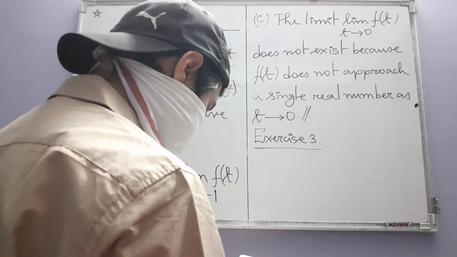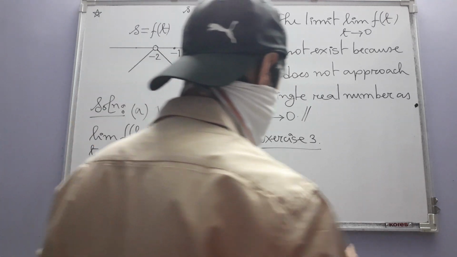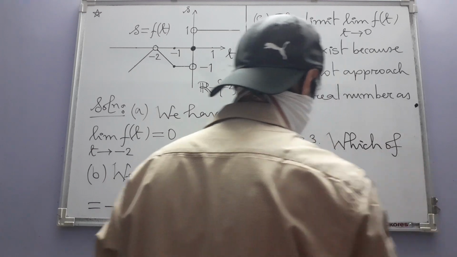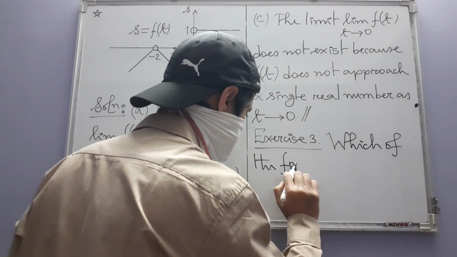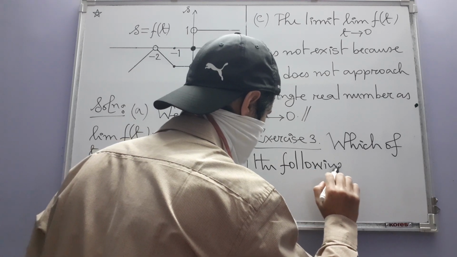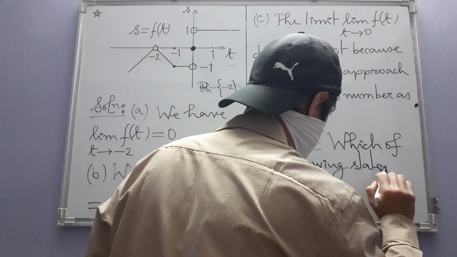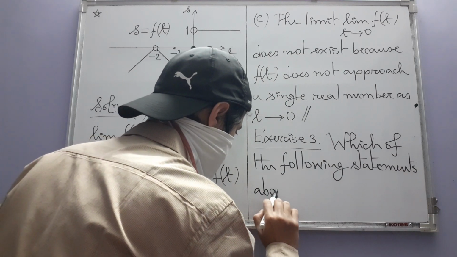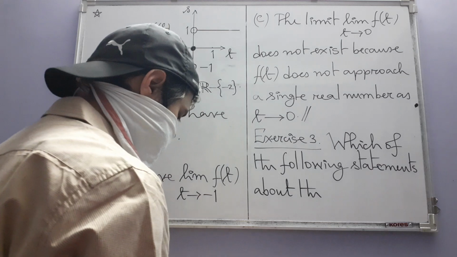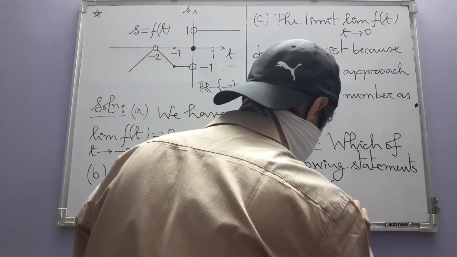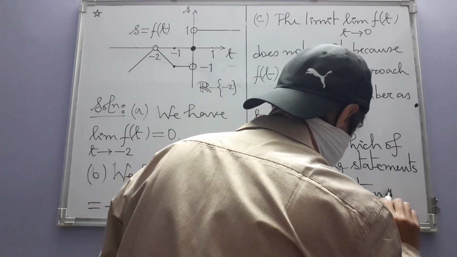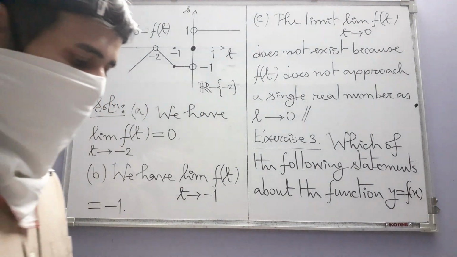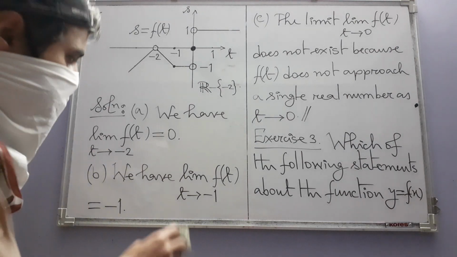Which of the following statements about the function y equal to f of x graphed here are true and which are false?